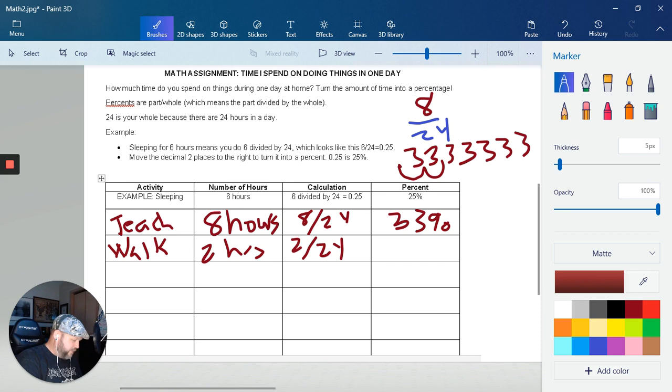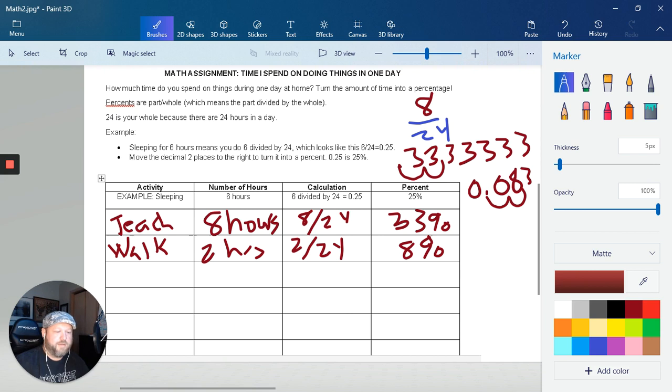Trusty calculator, what is 2 divided by 24? 2 divided by 24 is 0.083, repeating. Okay? What do we do? Move the decimal place spot to the right. That's going to give us 8.3%, but we're just going to go with 8%.